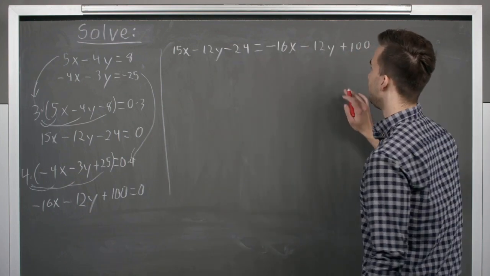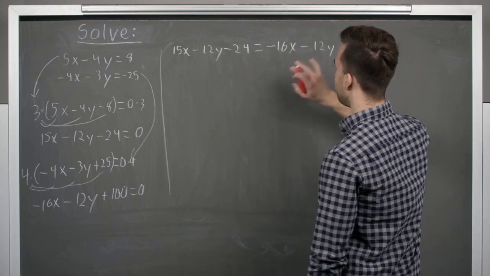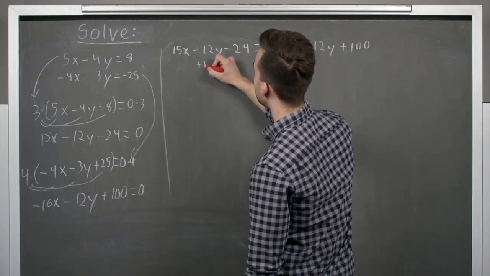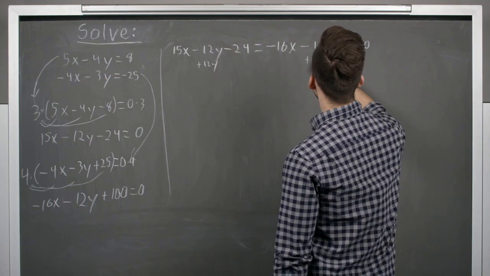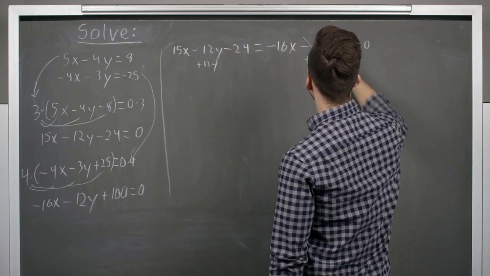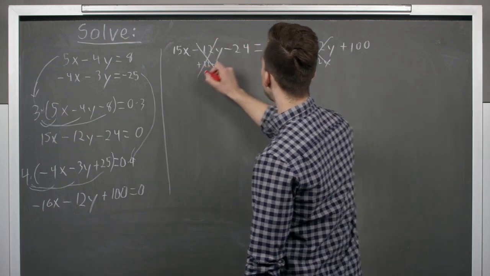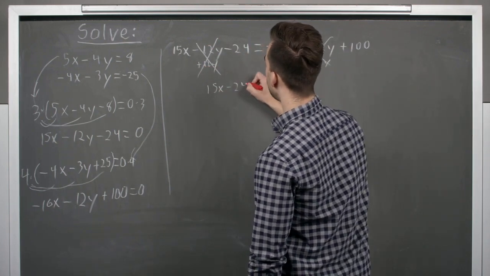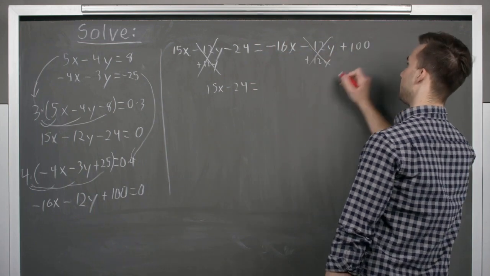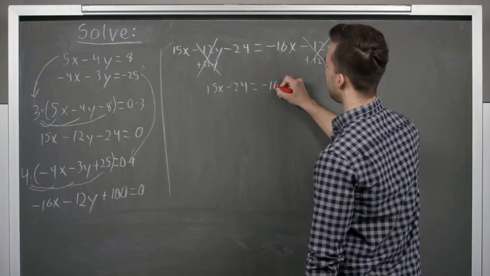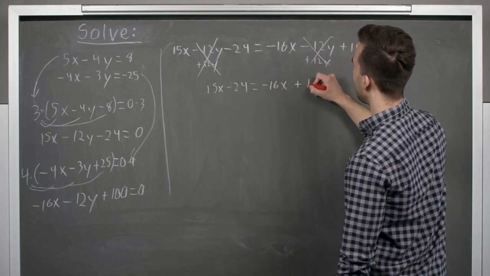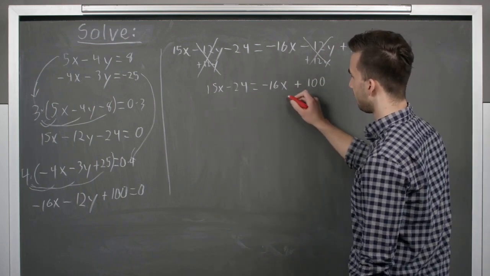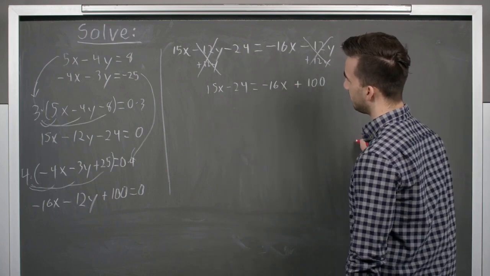Now we see we have a negative 12y on both sides. We can add a 12y to both sides, and that'll cancel all of the y's. So we're left with 15x minus 24 is equal to negative 16x plus 100. Let's see, what do we want to do?